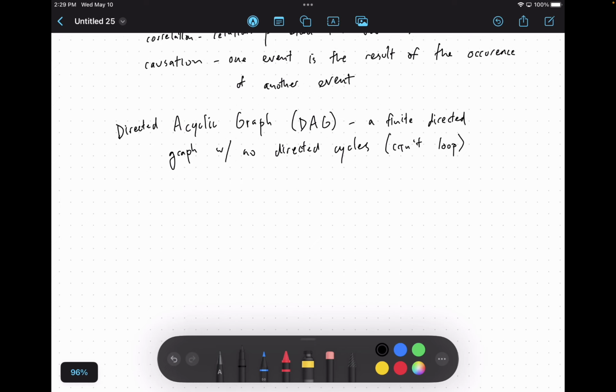So that looks something like this, X. We're not going to get too much into the theory of this, but you can think of the arrows as representing causal links between variables.